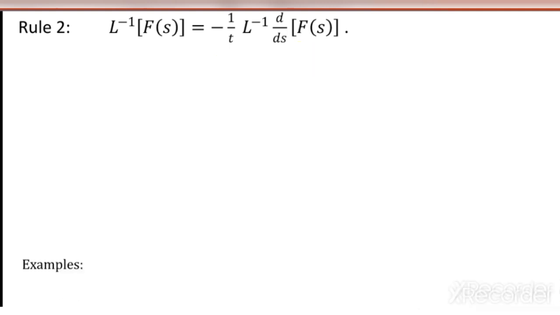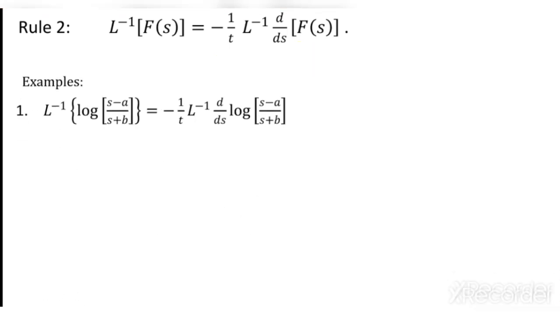So I can observe that it is log of (s minus a) by (s plus b). Whenever I require L inverse for this type of function, I can't do it directly, but if I take the derivative, in the first phase I can write log of (s minus a) by (s plus b) as log of (s minus a) minus log of (s plus b) by using a logarithmic rule.